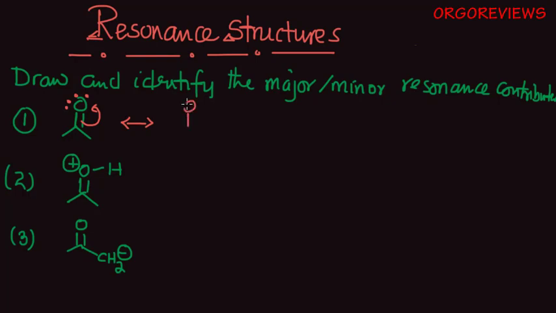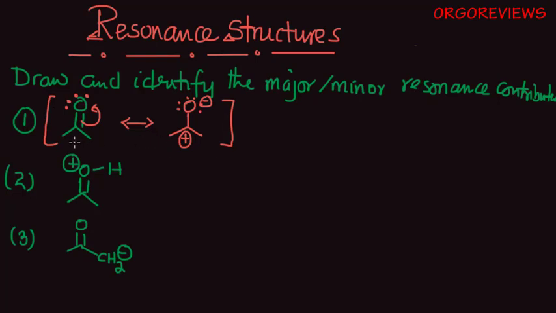So this contributor will have oxygen that has 3 lone pairs of electrons and has a formal charge. And then the carbon sitting in the middle will have a positive charge because those electrons were taken away from it. Now, this will be the only resonance structure that will be written.